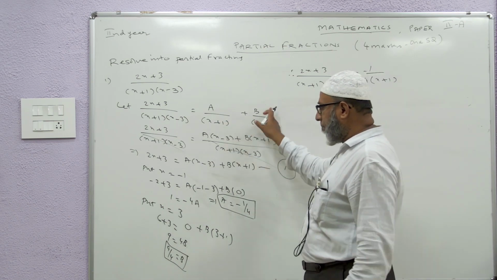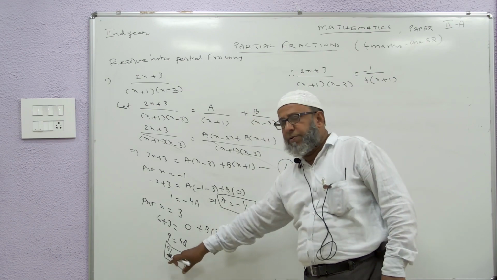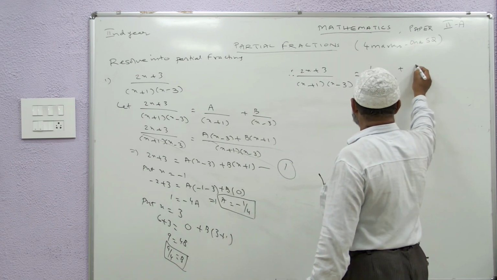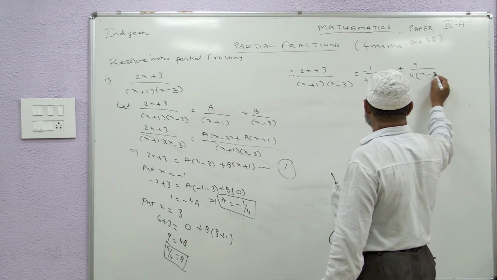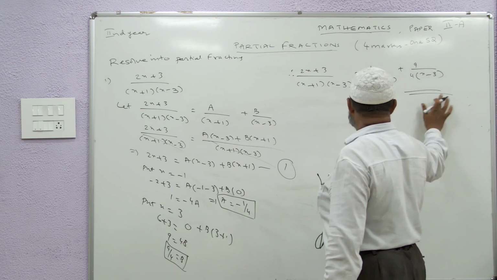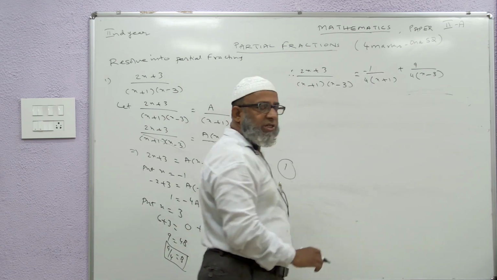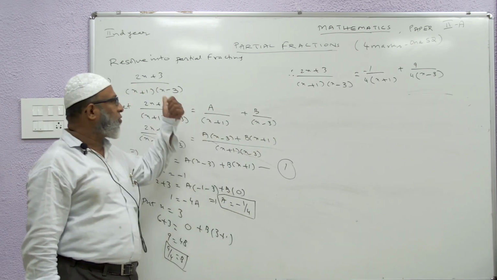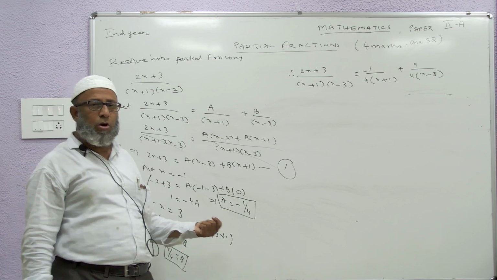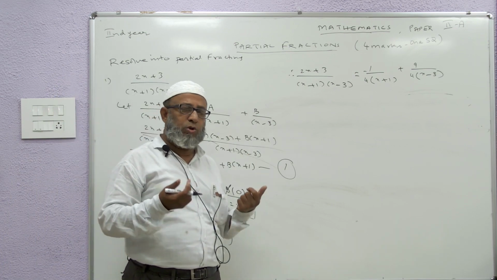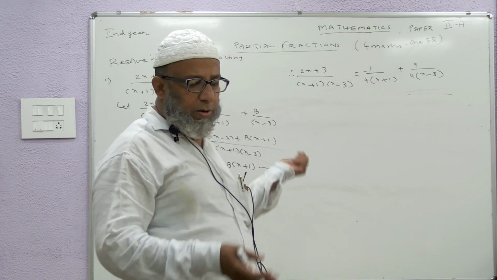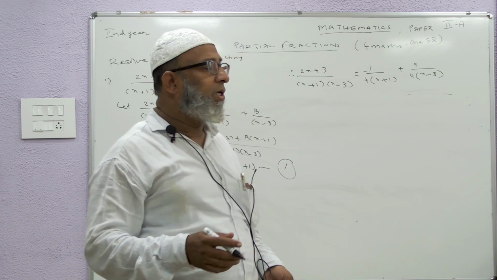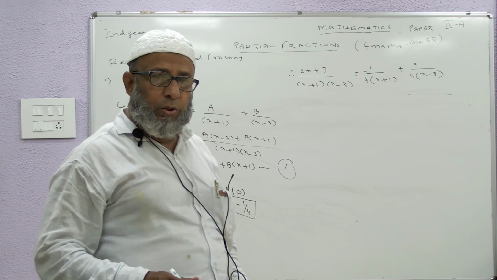Plus B. What is the value of B? 9/4. So plus 9/4 into (x - 3). So this is our answer. Is it clear? So this question carries 4 marks. No doubt, by seeing this it looks very easy, and definitely it is easy, but it has more applications in your future subjects. Okay, right.